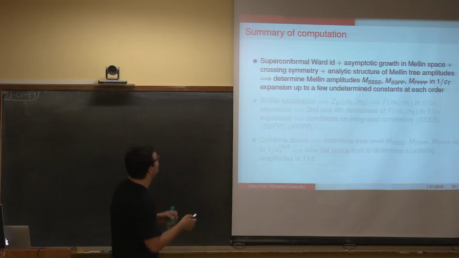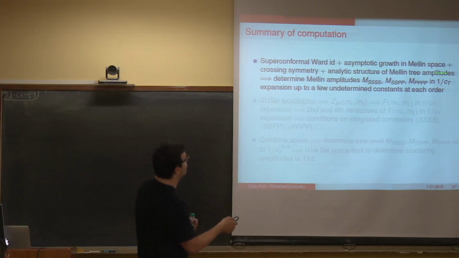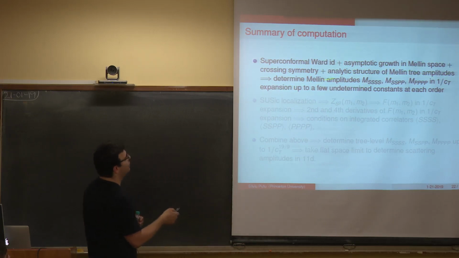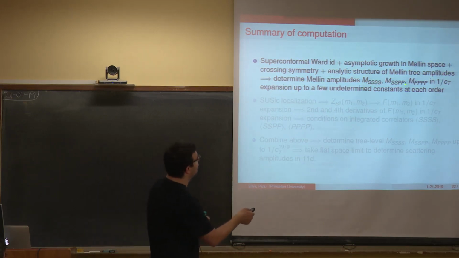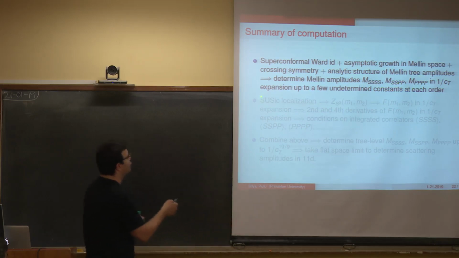So, summary. The superconformal Ward identity, asymptotic growth in Mellin space, and crossing symmetry in the analytic structure of the Mellin tree amplitudes determine the Mellin amplitudes for SSSS, SSPP, PPPP in the 1 over CT expansion up to a few undetermined constants at each order.